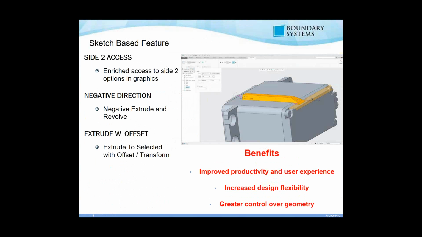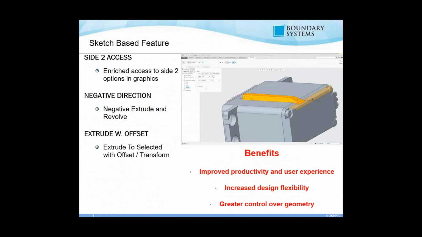All right. Now this isn't directly related to Sketcher, but as it relates to sketch-based features, we'll talk about this as well. So some of the improvements to sketch-based features is that there's now an easier option to access the side two option in sketch-based features. So if you wanted to, for example, create an extrude with two sides to it, in prior versions of Creo, you would always have to travel up to the ribbon in order to do that.